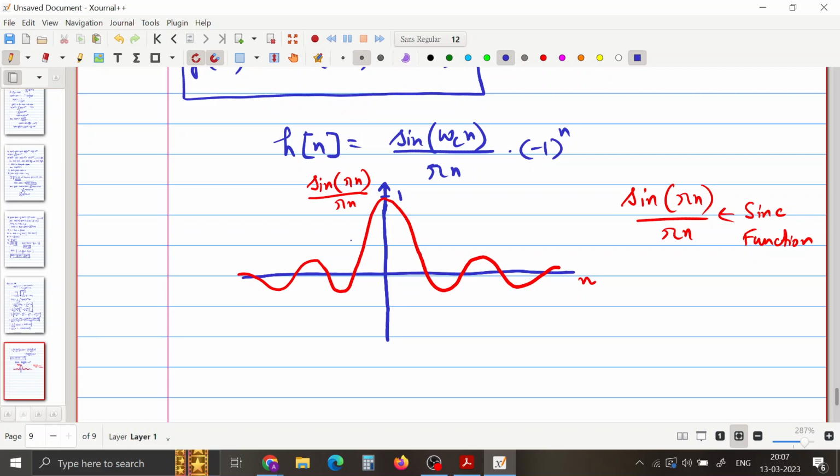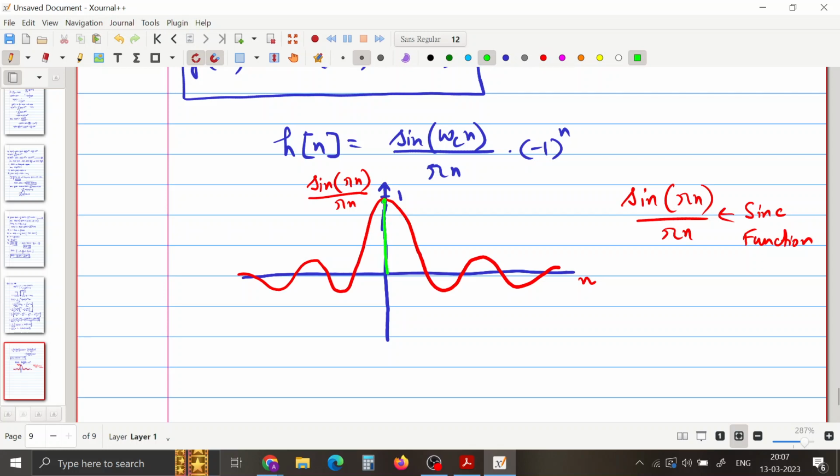Of course, I have drawn this as a continuous function, but in our discrete time we will have basically some samples of this. Let me use the red color only, or maybe green color. So like this.